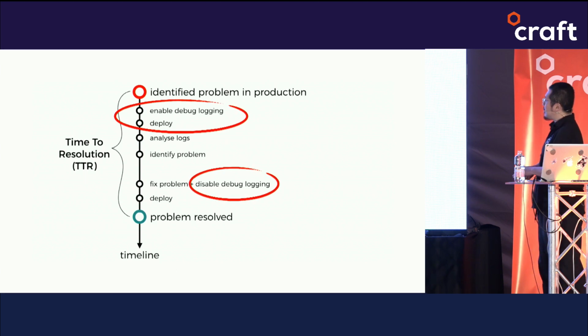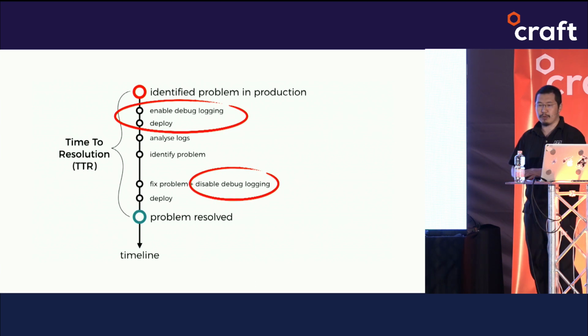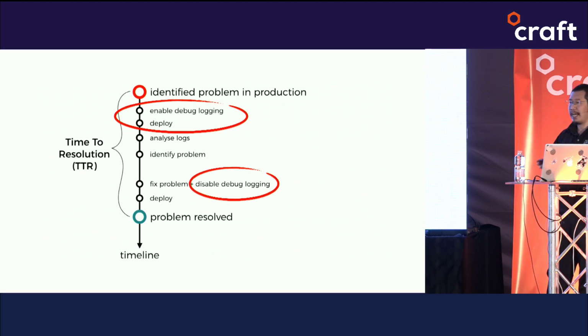So all this effort to redeploy things, to enable debug logging, and to then disable them afterwards is unnecessary if we just had a handful of debug logs available to us at all times.